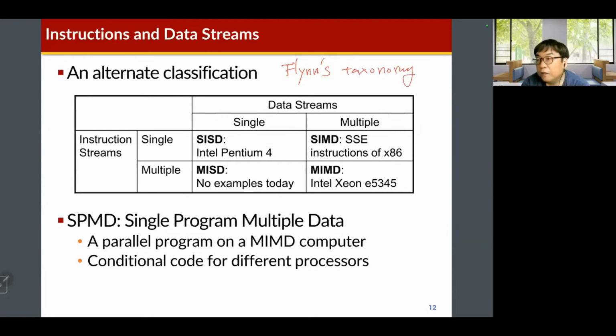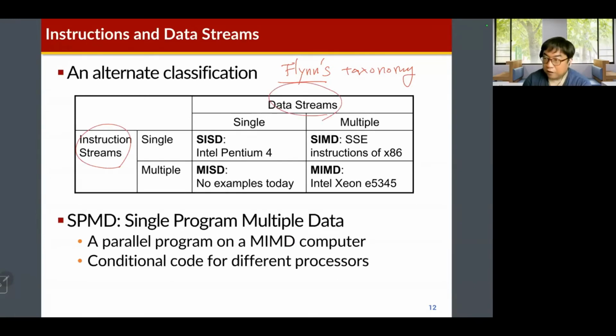Taxonomy means 분류학 in Korean, a study related to classification, right? Flynn defines different classes of processors based on the kinds of instruction streams and data streams.